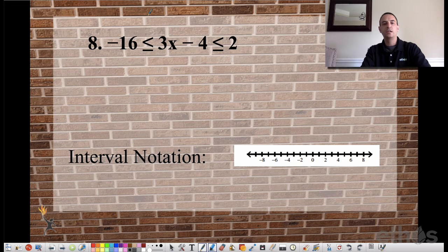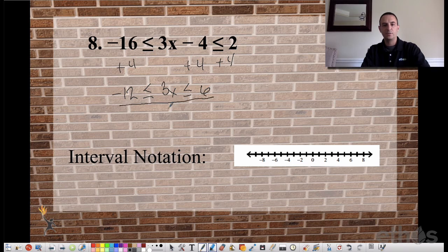All right, let's take a look at number 8. Again, it's a 2-step equation. I'm going to ask you guys to go ahead and solve this first part on your own, then we'll graph it into the interval notation as well. All right, so we add 4 to all sides. We get -12, 3x, and we end up with 6.